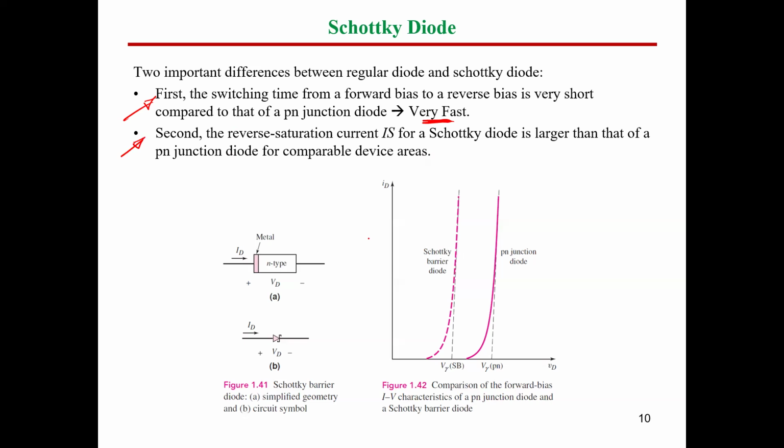If you would like to compare the forward characteristic, if this is, for instance, a PN junction diode, it turns on at a certain turn-on voltage, V gamma, here. For the Schottky diode, as you can see, it turns on at a lower voltage magnitude, and this makes this diode faster than the conventional, or let's say the traditional, general purpose diode.